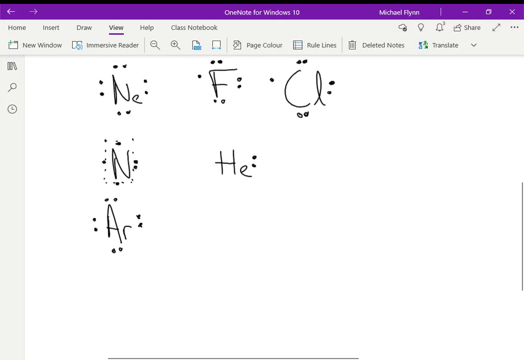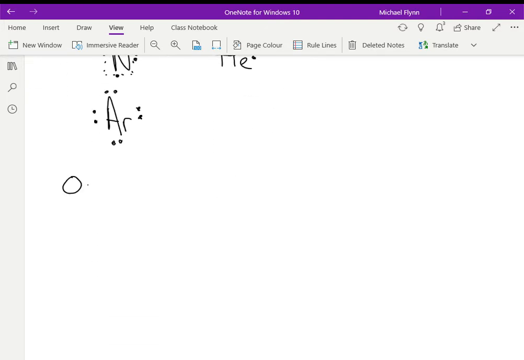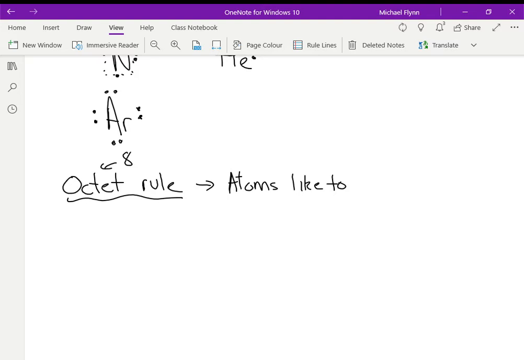Now, I will say this. We're going to talk about this later on, but I'm going to mention it to you now. There's something called the octet rule. Now, octet means 8. Okay? So what atoms like to do is they like to have full valence shells if they're nonmetals.